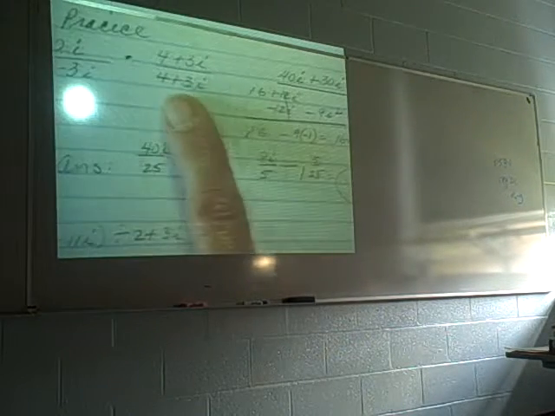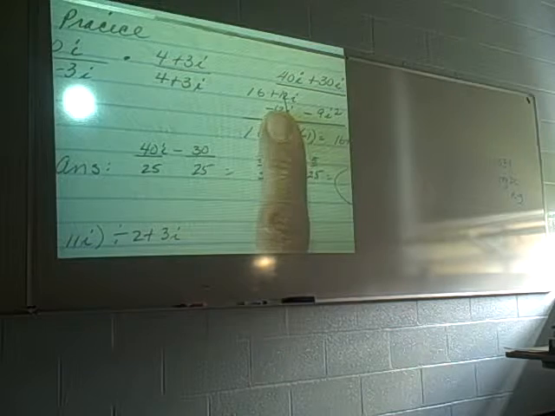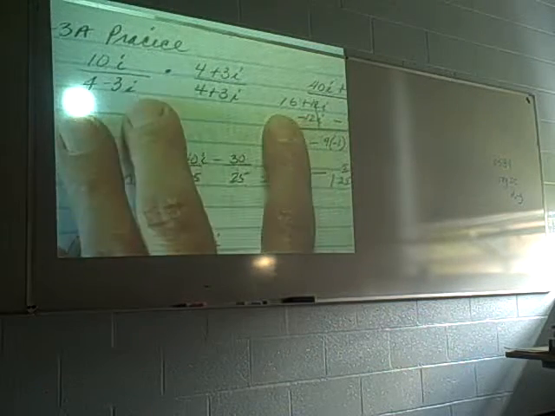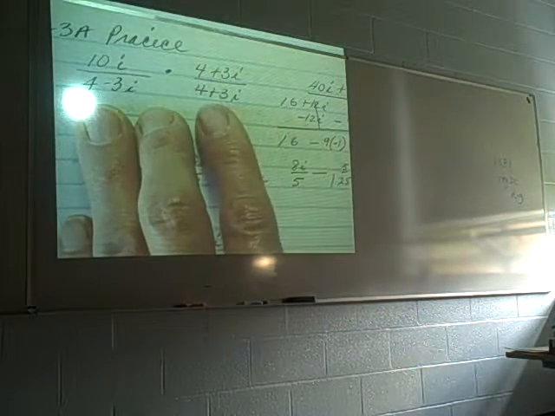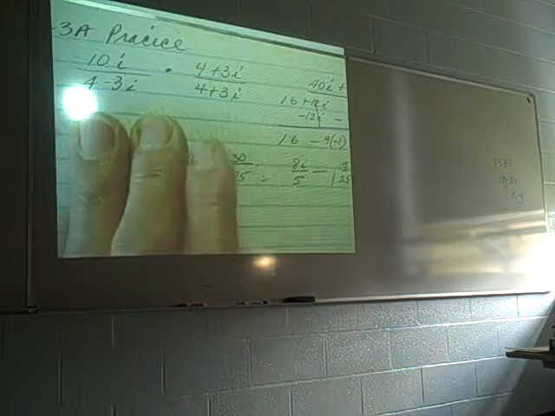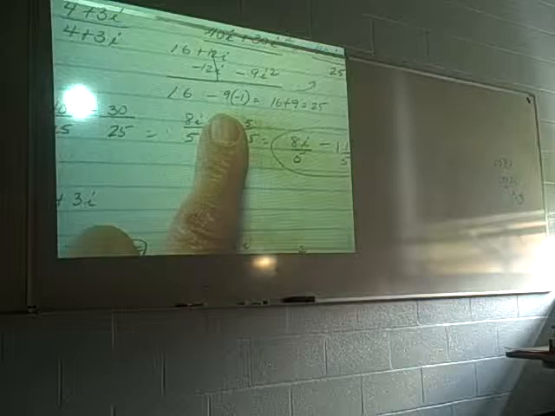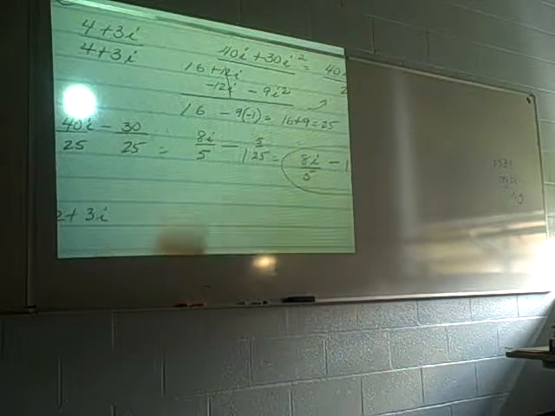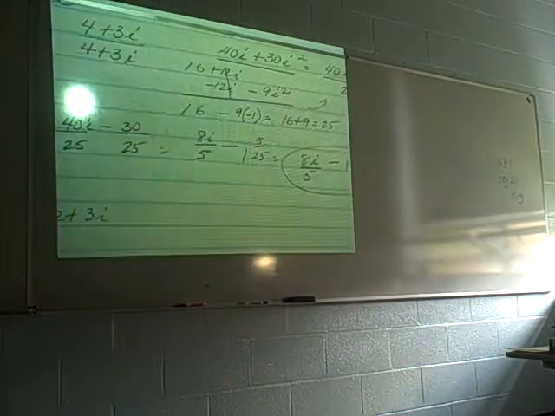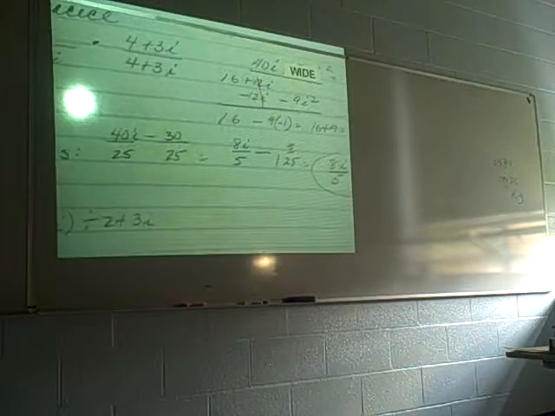Hold on a second, okay? And so when I multiply 4 minus 3i times 4 plus 3i, I'm just going to show you, move this over. Let me see if I can show you this whole thing, zoom out.